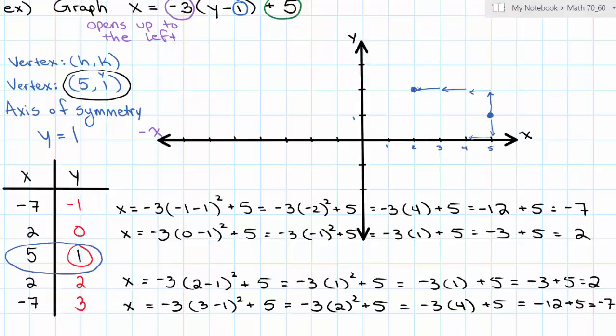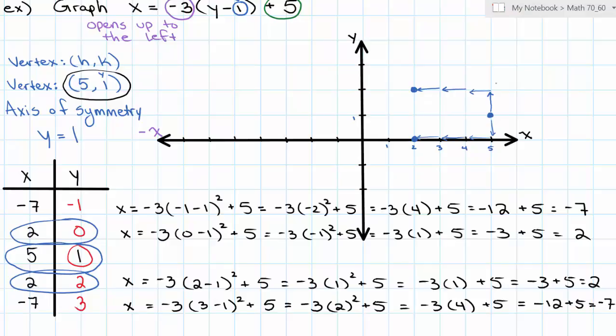That just happens to land us on the point (2, 2). And down 1 over 3 would be 1, 2, 3. That would be the point (2, 0).